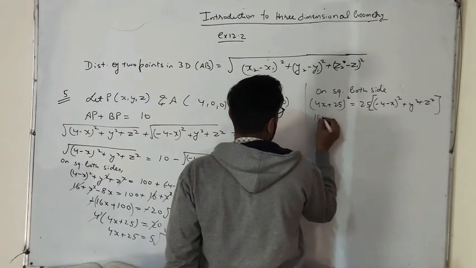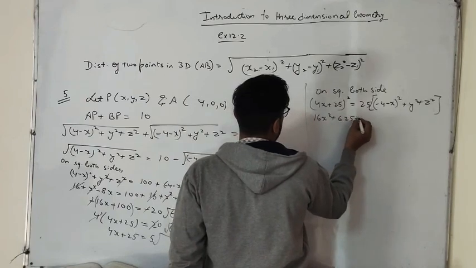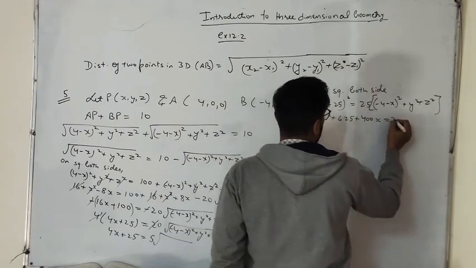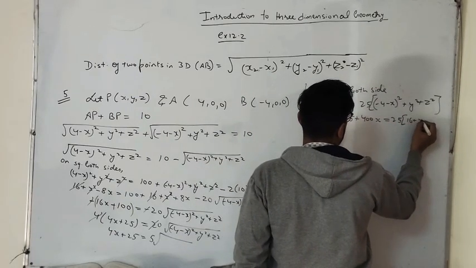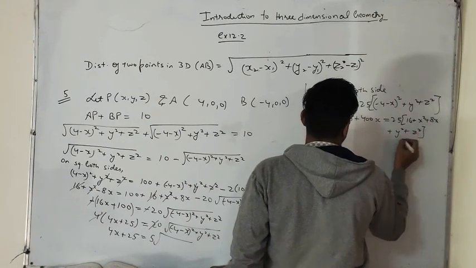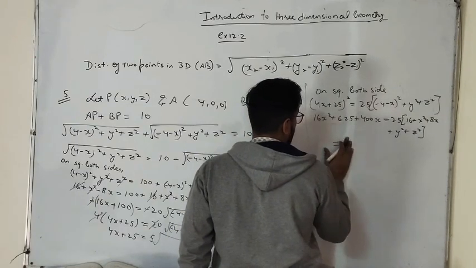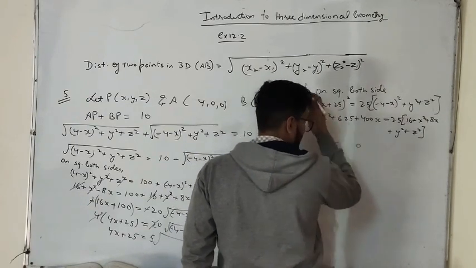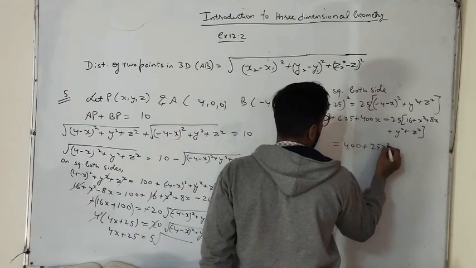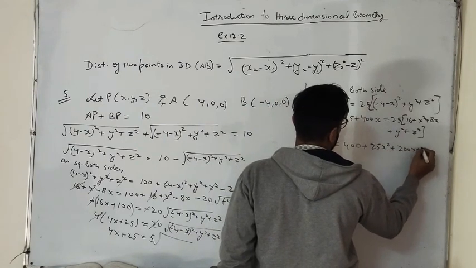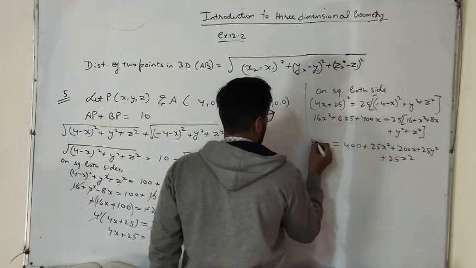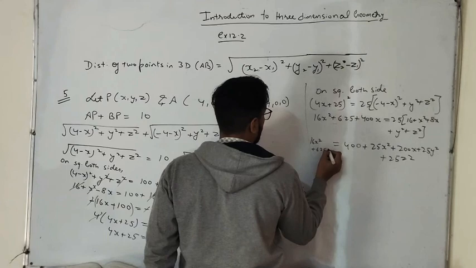So 16x square plus 625 plus 400x is equal to 25 bracket 16 plus x square plus 8x plus y square plus z square, right? Which is equal to 25 into 16, which is 400, plus 25x square plus 200x plus 25y square plus 25z square. And on the left, 16x square plus 625 plus 400x.